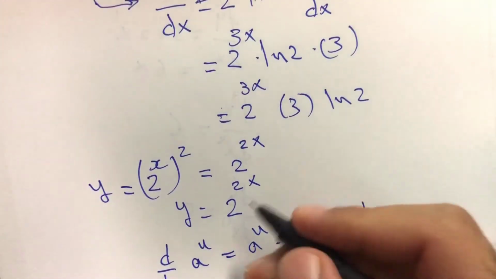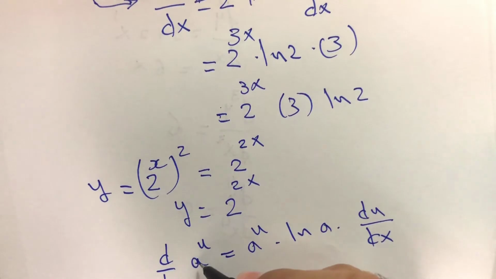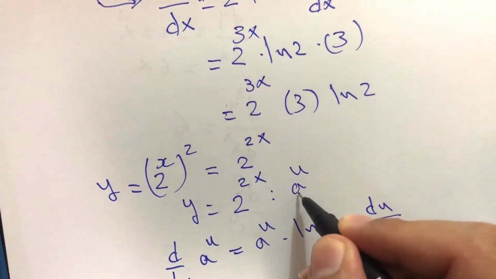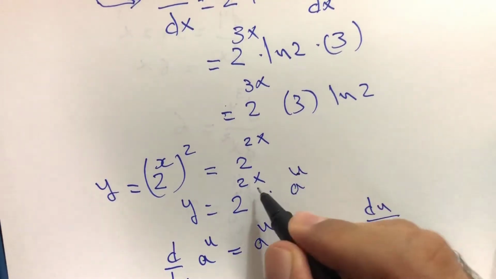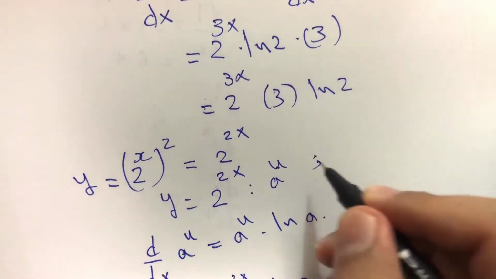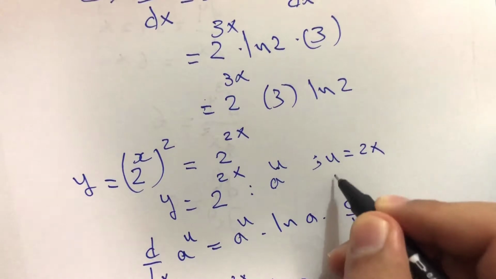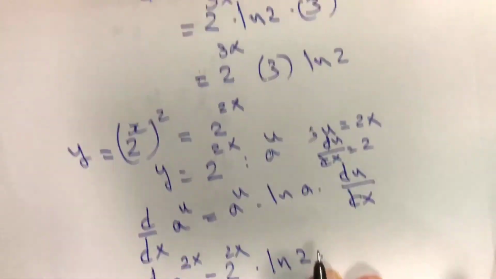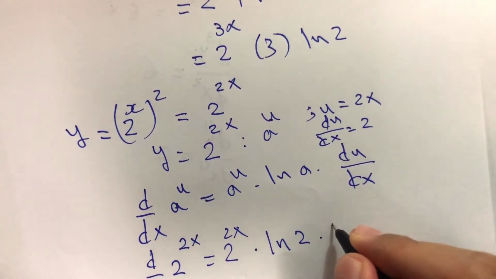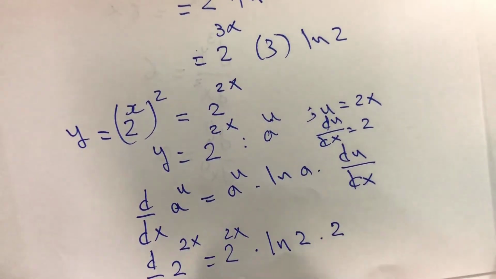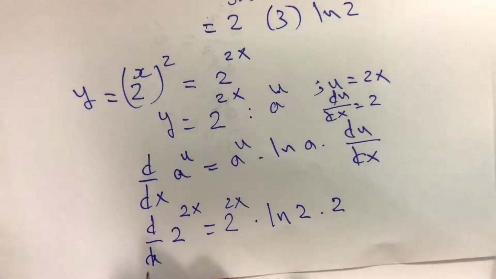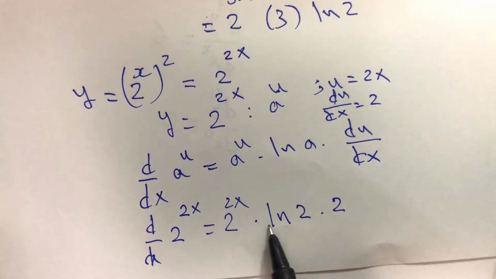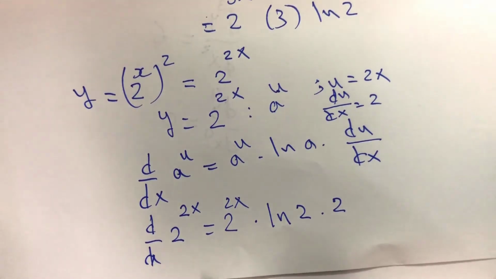We can make a comparison with a to the power u. We can see that a is 2 and u is equal to 2x, so if u equals 2x, then du by dx will be 2. So I can write here 2. In this way, we find that d by dx for 2 to the power 2x equals 2 to the power 2x ln 2 multiplied by 2.